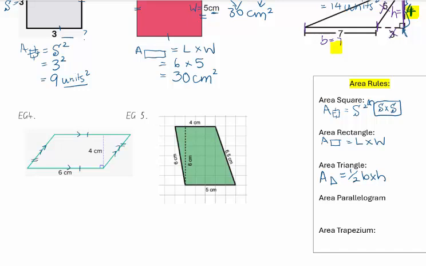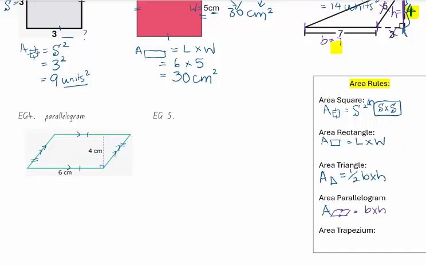So a parallelogram is a pushed over rectangle. So in class, when you were deriving, hopefully you realised if I cut that out and put it in there, I would end up with a rectangle. So just imagine that we've created a rectangle. Okay, so that's how it works. So it's just base times height.